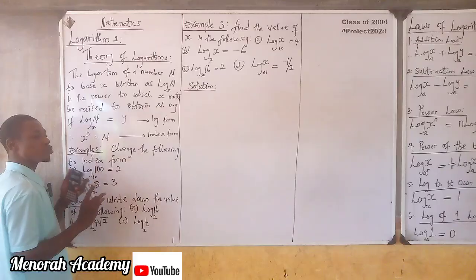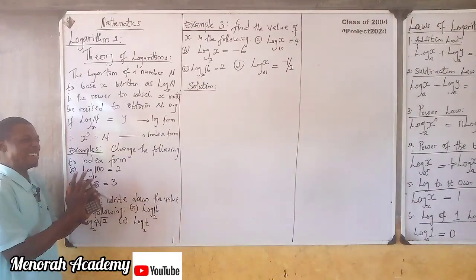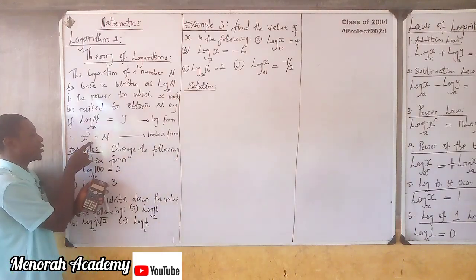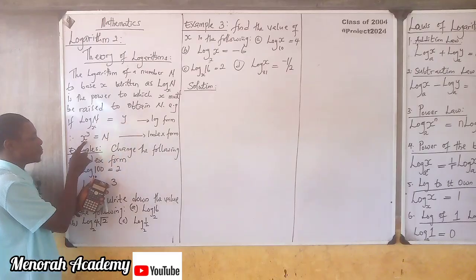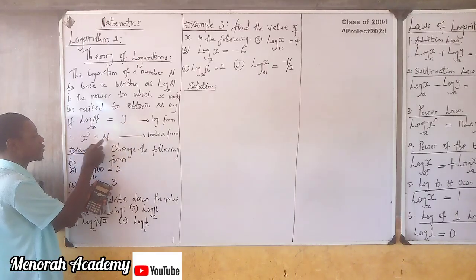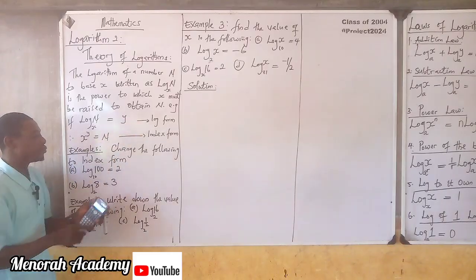If they ask you to define a logarithm, it is expressing that number in index form, where the base takes y as the power, and the number itself stands alone. The number itself equals the base raised to the power of this value.